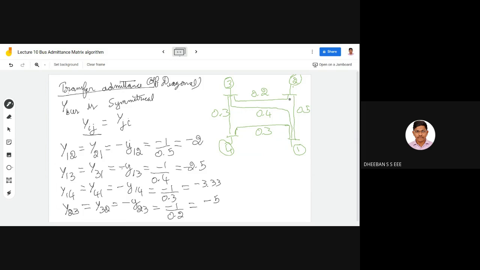There's no connection between 2 and 4. If you need, you can just write it and put 0. So y24 equals y42, and it will be equal to 0 because there's no connection between your second bus and your fourth bus.